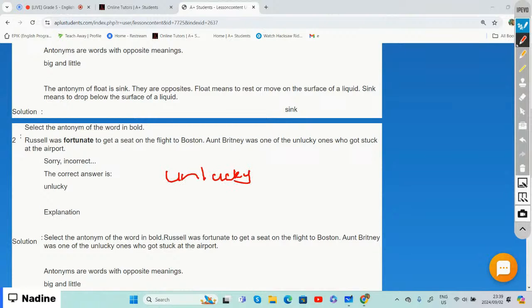Because fortunate is like saying, oh, you're so lucky. But the opposite of fortunate is where you are unlucky. All right, that is unlucky. And remember, we said we find it in the next sentence, right? So now we're going to our test.